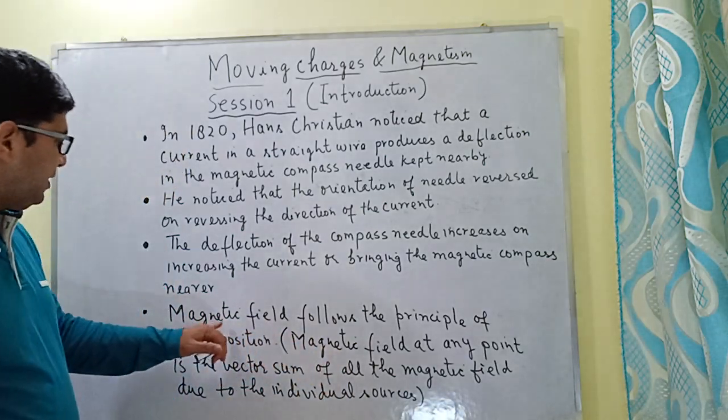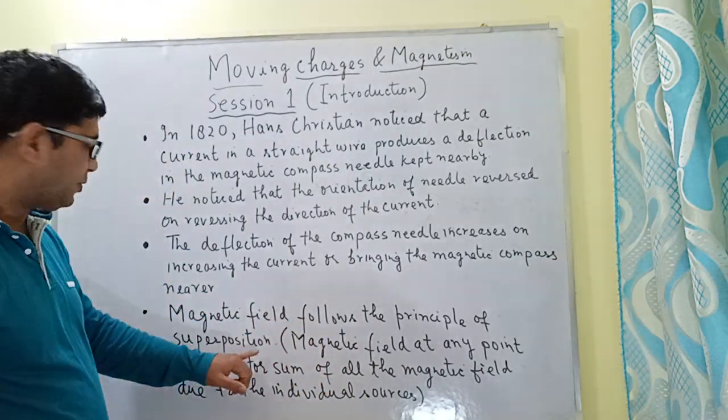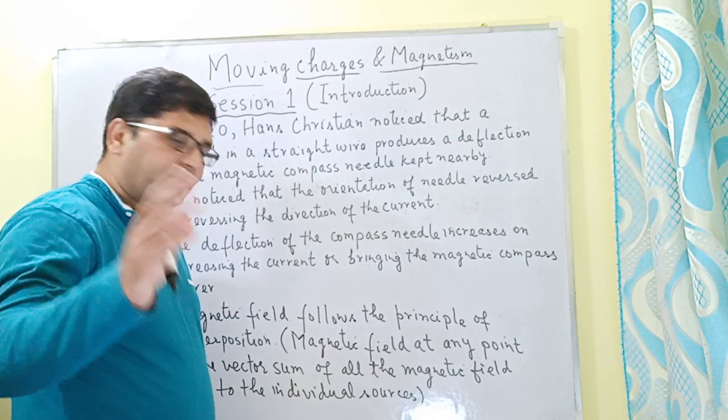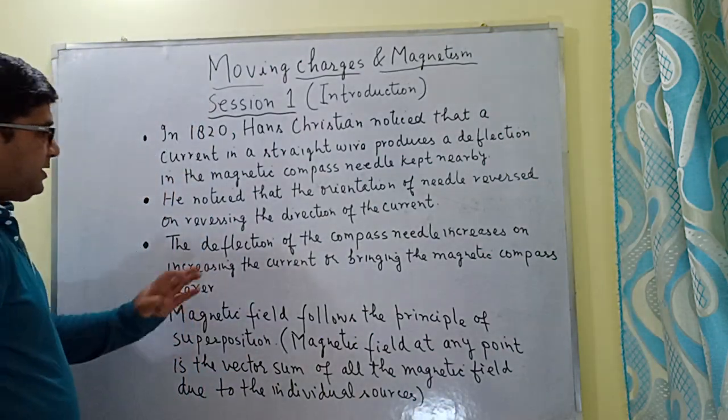So the magnetic field also follows the principle of superposition, just like the electric field. So these are the four important points.